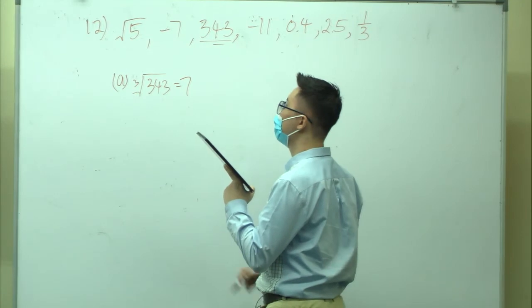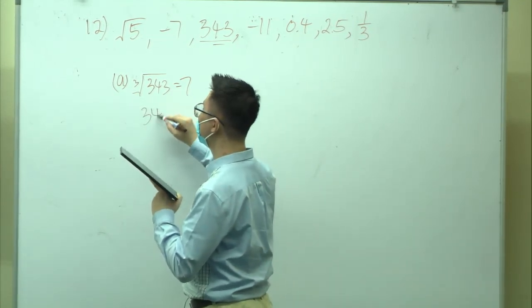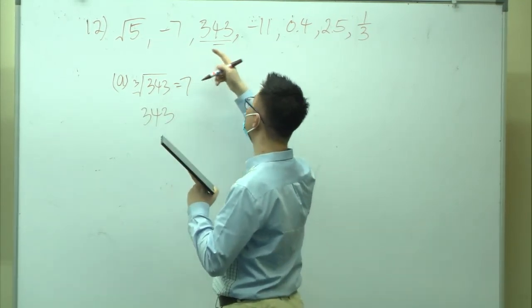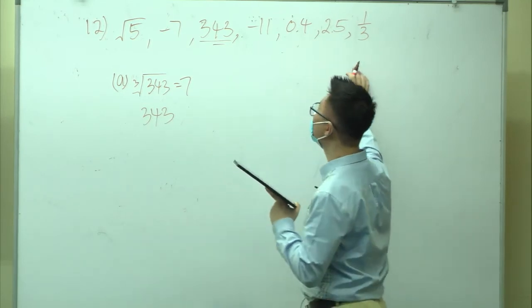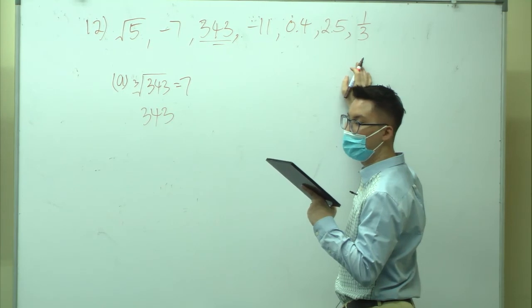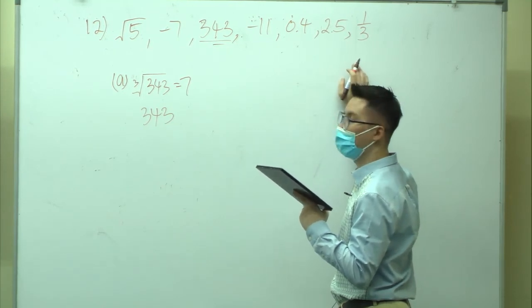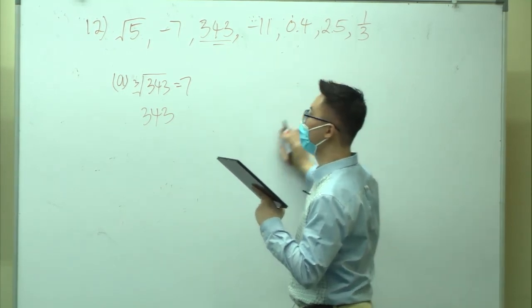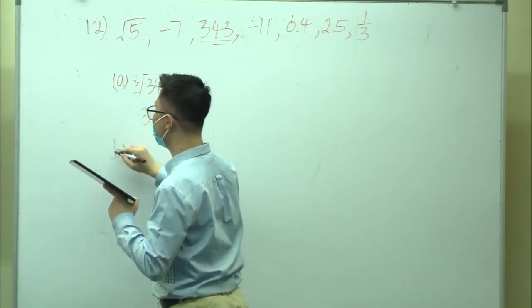That's why 343 is a cube number. If you take, let's say, the cube root of 1 over 3, that will be a decimal, right? If the number is a decimal, it is not a cube number. This is how you determine the cube number.